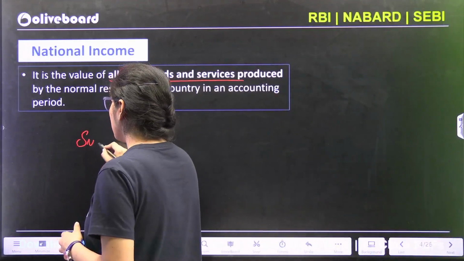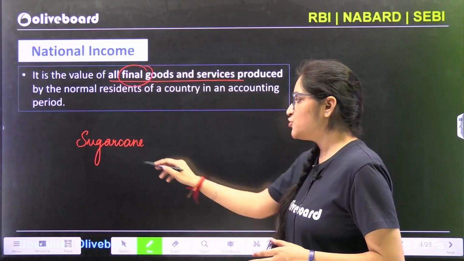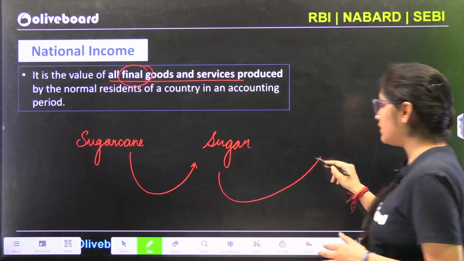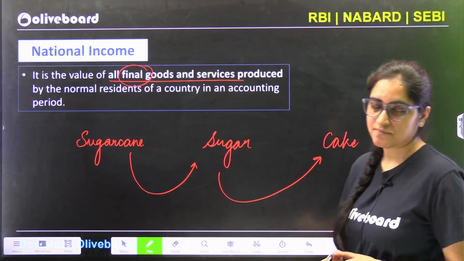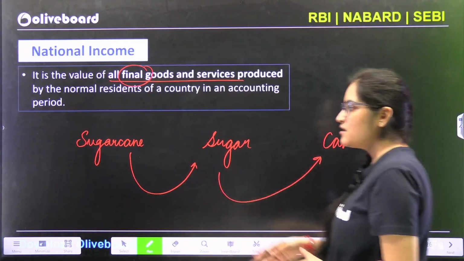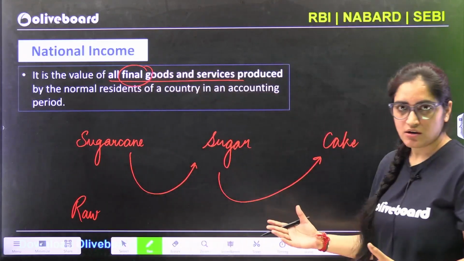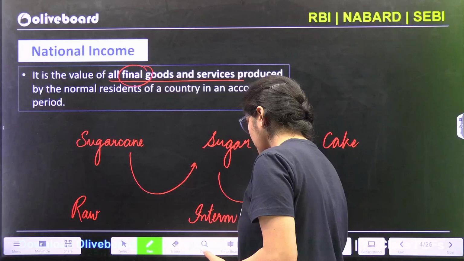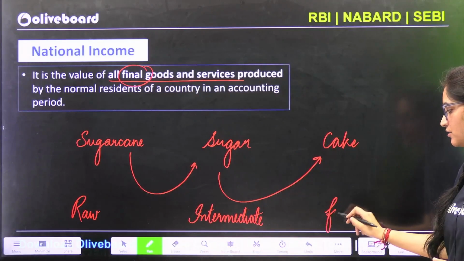So let's say we have sugarcane. From sugarcane we made sugar, and using this sugar we made a cake. As far as the things are going, you may say sugarcane is the raw material, sugar is an intermediate good, but your cake is the final good.